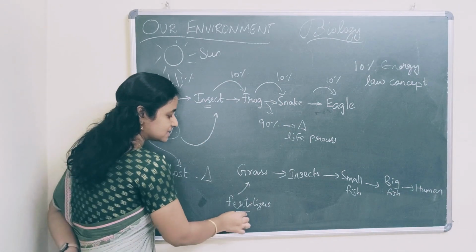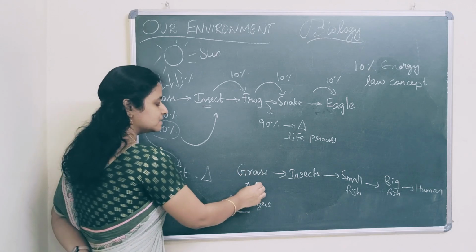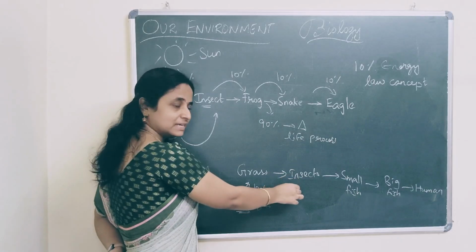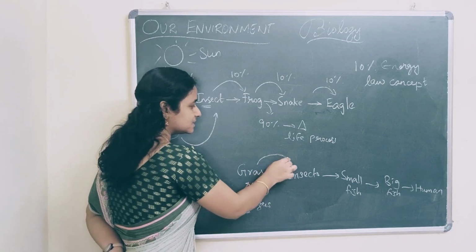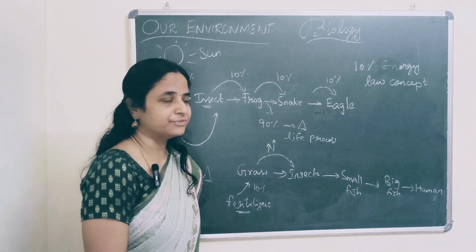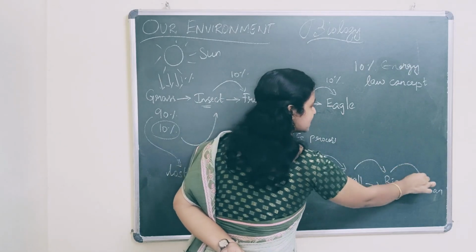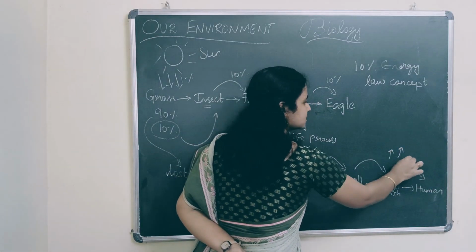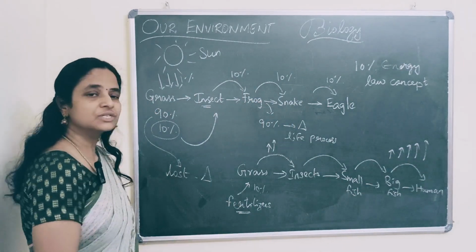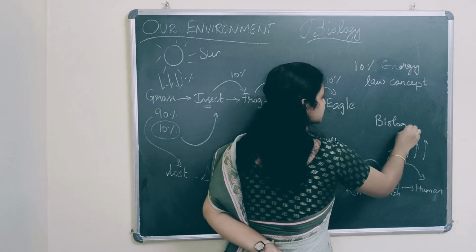The fertilizers or pesticides used on the grass will be, say for example, 10 percent. So when this is fed on by the insect, this 10 percent will increase rapidly. As it goes, it keeps on increasing, and finally the toxin level will be higher. So you call this deposition of toxins biological magnification.